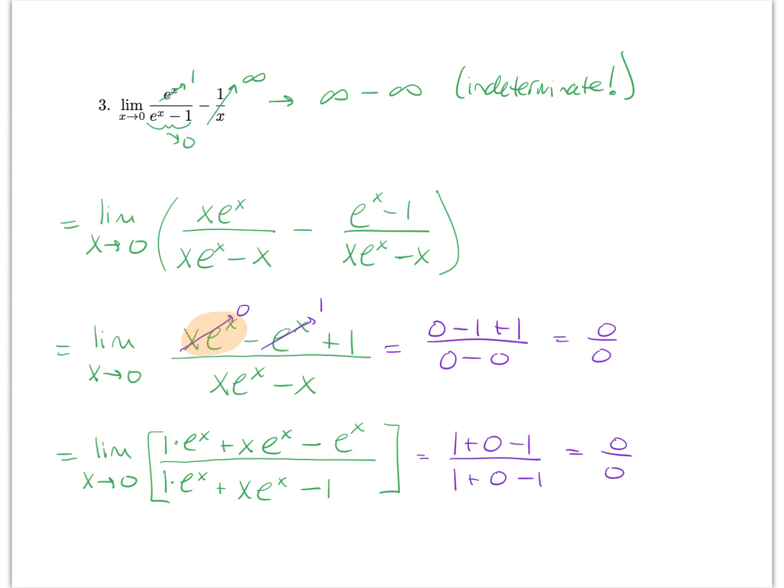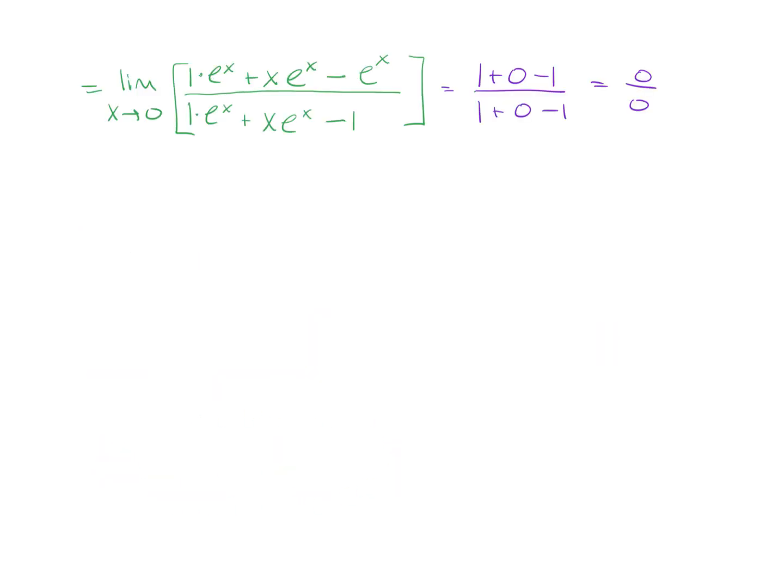So I'm going to have to do L'Hopital's rule again because I have 0 over 0. So I'm going to take the derivative of the numerator and the denominator again. Okay, here's where we left off. I was taking a limit and I got 0 over 0 a second time. So I'm going to have to do L'Hopital's rule again.